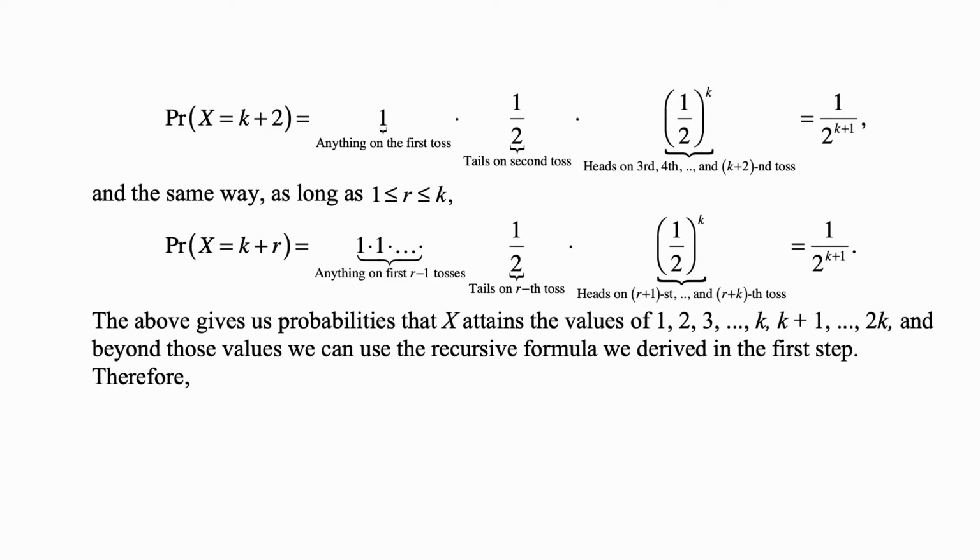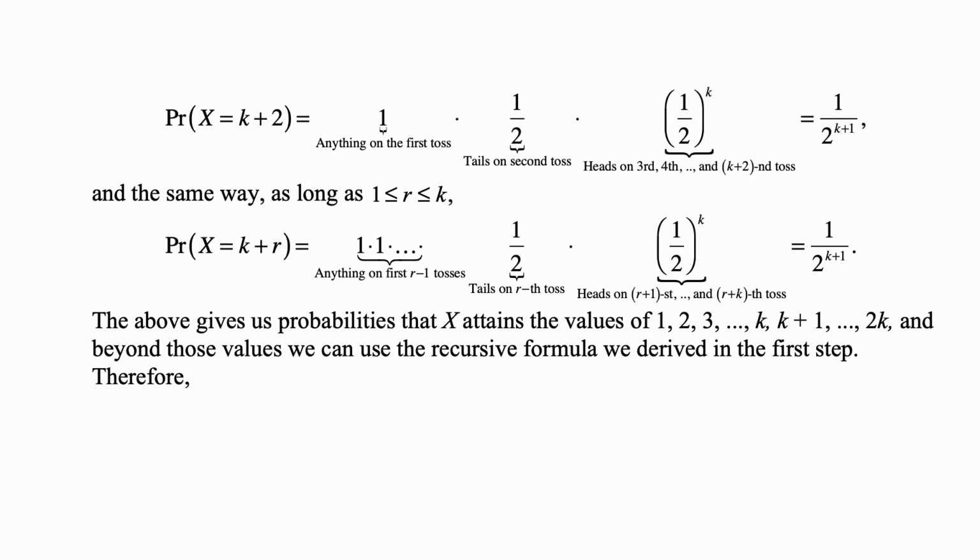Then the probability that X is equal to k plus 2 is 1, the probability of getting anything at all on the first toss, times 1/2, the probability of tails on the second toss, times 1/2 to the k, which is the probability of having heads on the third, fourth, and so on up to the k plus second tosses, and that's equal to 1/2 to the k plus 1.